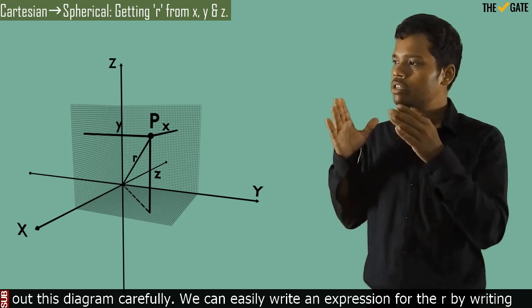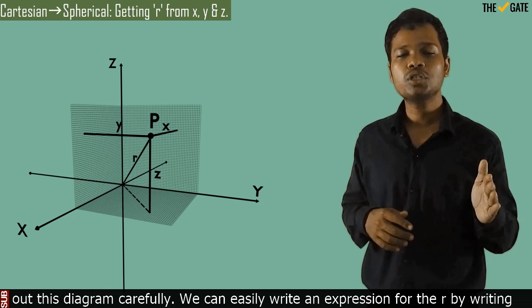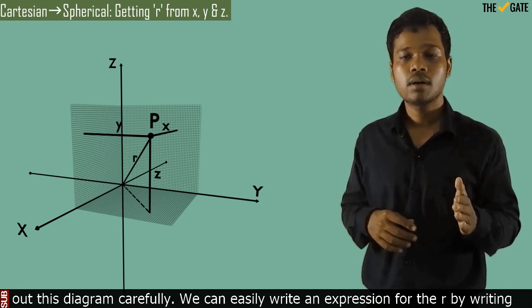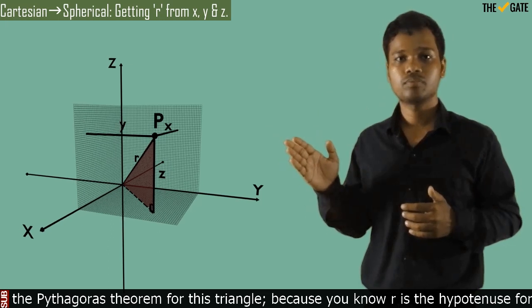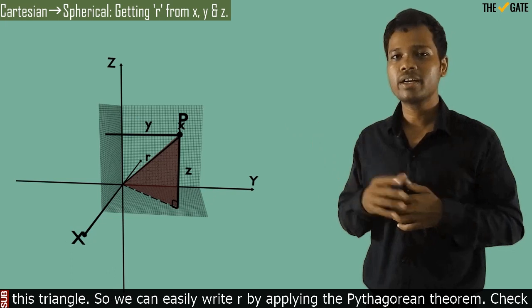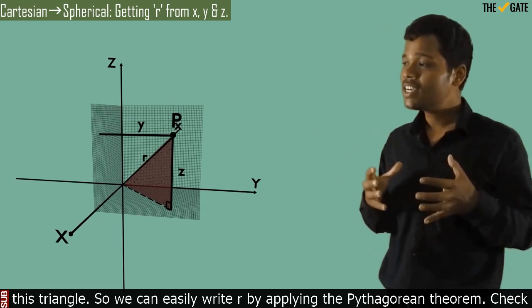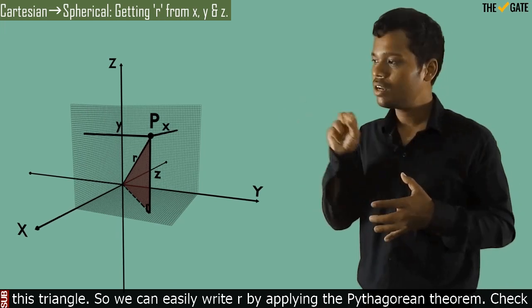Now my dear, check out this diagram carefully. We can easily write the expression for the r by writing the Pythagoras theorem for this triangle, because r is the hypotenuse for this triangle. So we can easily write r by applying the Pythagorean theorem.